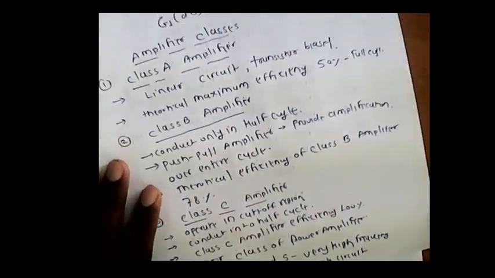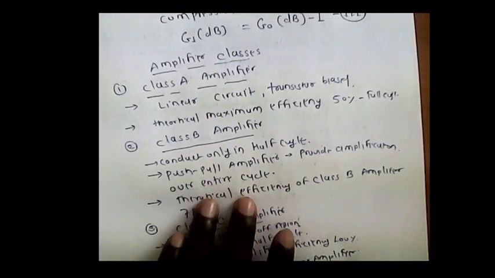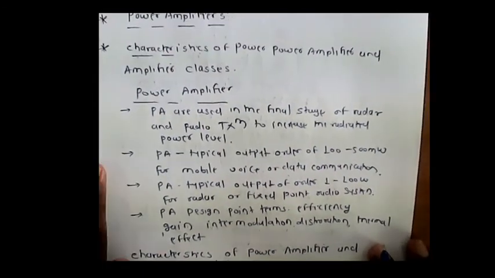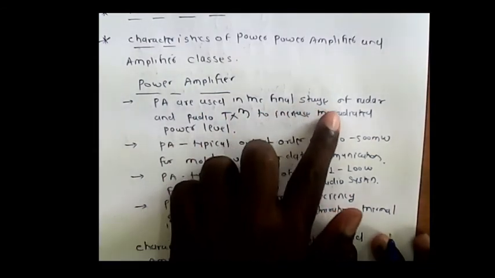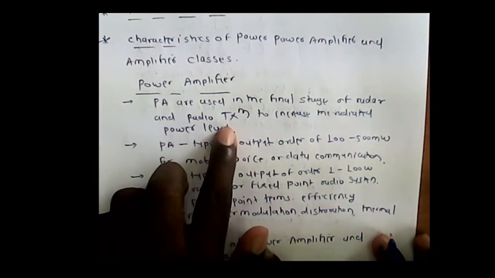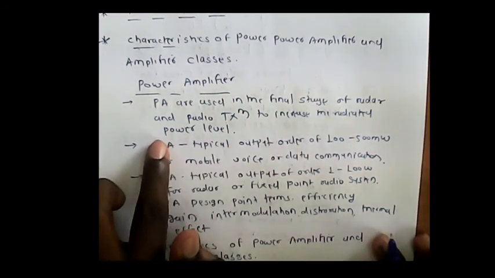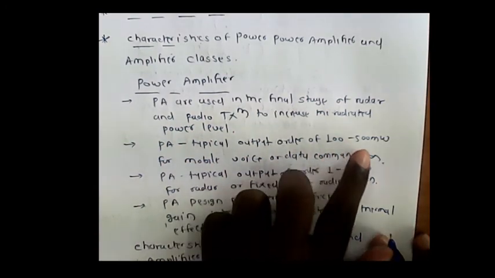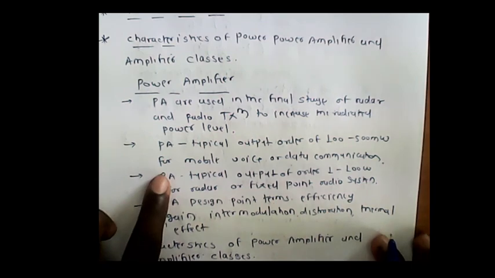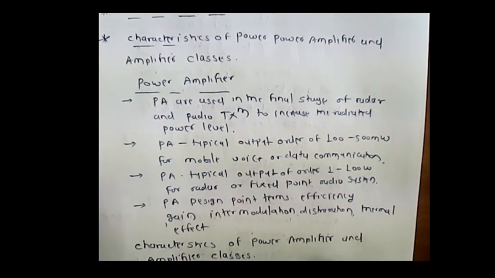Okay, so in this lecture we discuss power amplifiers. What is meant by a power amplifier? Power amplifiers are used in the final stage of radar and radio transmission to increase the radiated power level. Power amplifiers typically output 100 to 500 milliwatt for mobile voice and data communication devices.